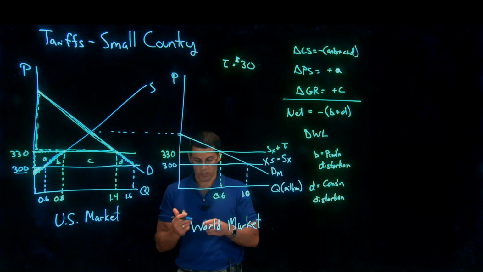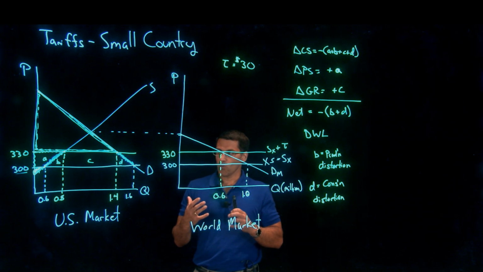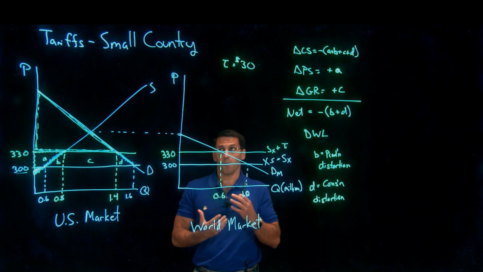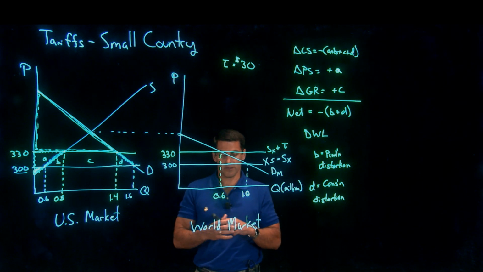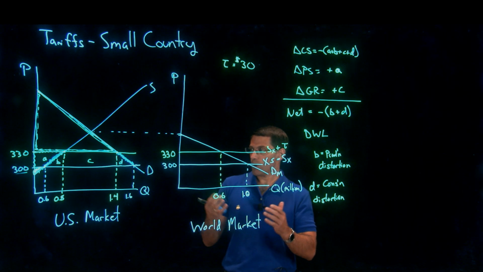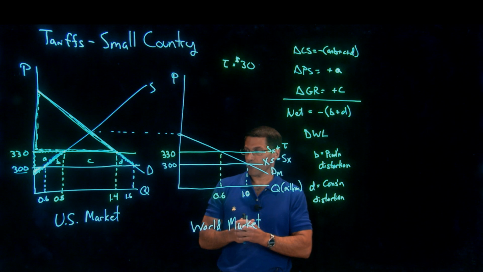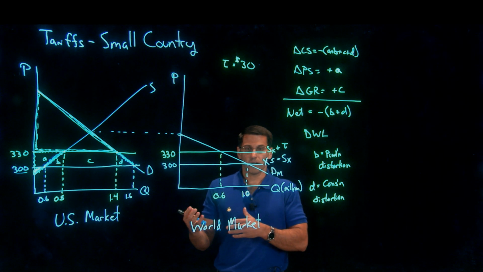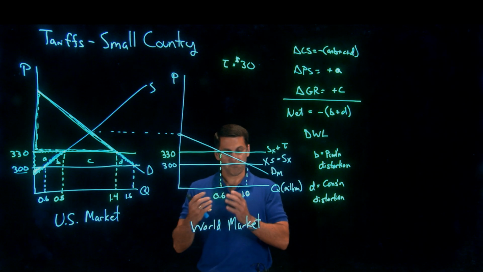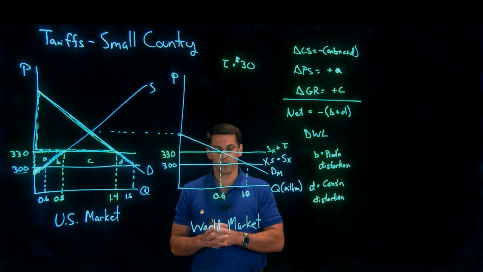Now, one interesting question we can ask is, what is the effective protection that is generated by tariffs in these kinds of industries? Someone might look at it and say, well, the domestic price went up by $30 or 10%, so that is effectively protecting domestic bicycle producers to the tune of a 10% higher price.